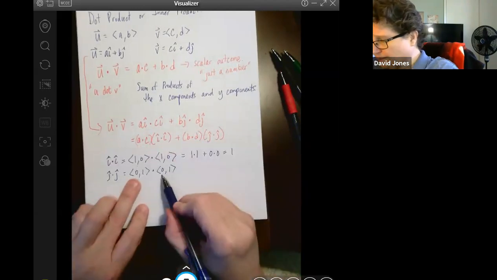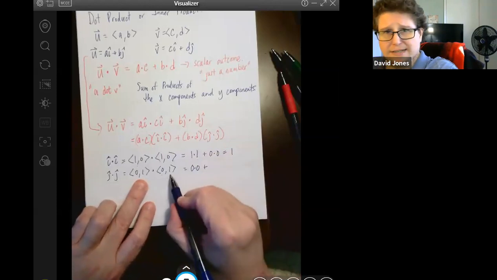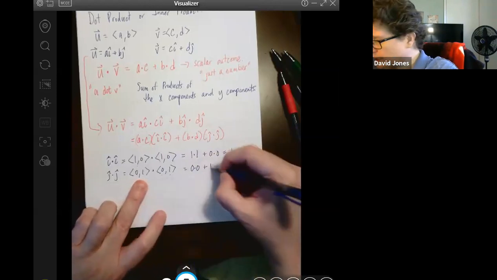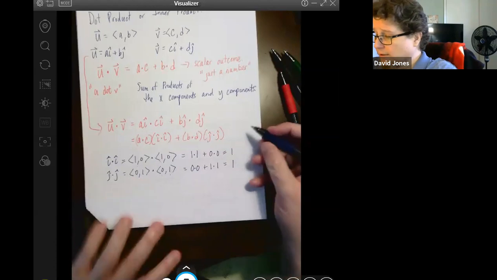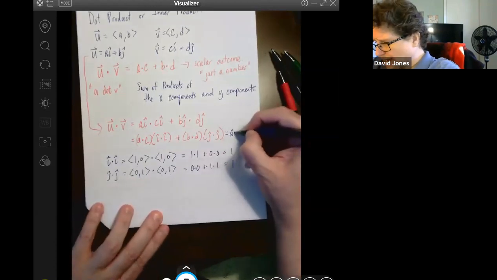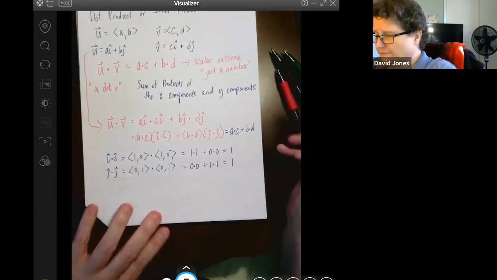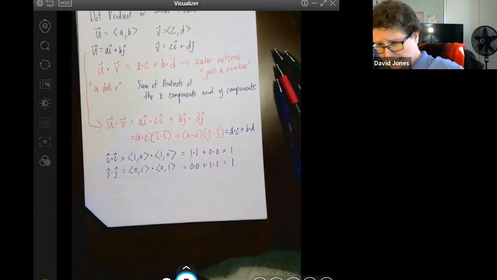We multiply the first 2 numbers, 0 times 0. We add it to the multiplication of the second 2 numbers, 1 times 1, and we also get 1. So this gets us A times C plus B times D. It results in the same thing as doing it with the position vector form.